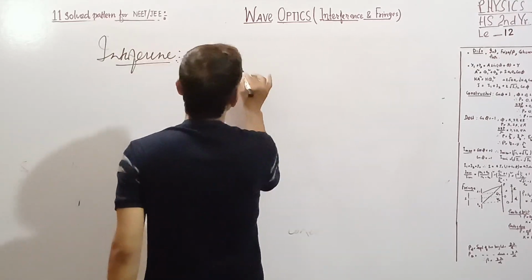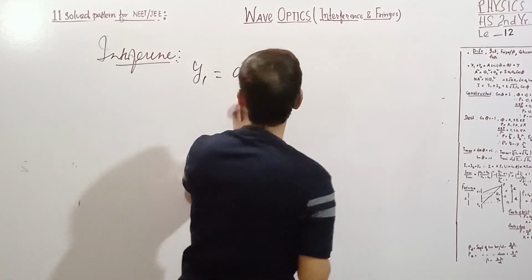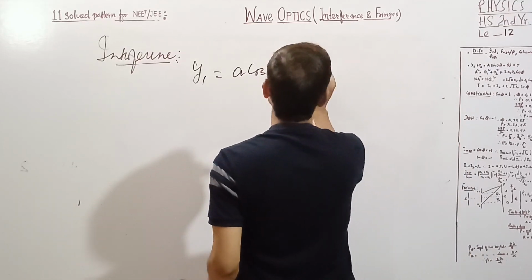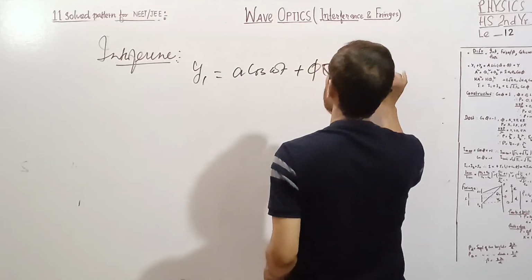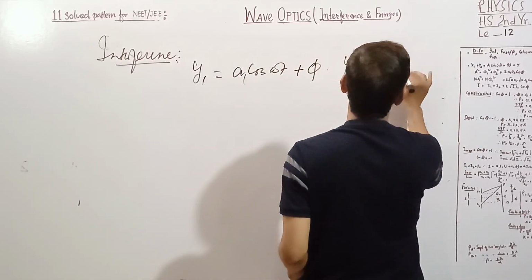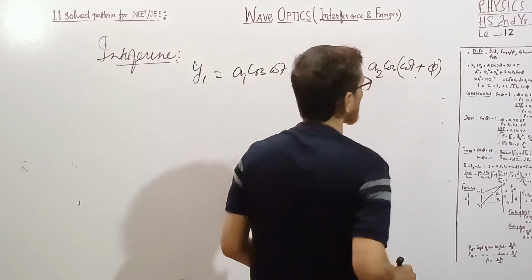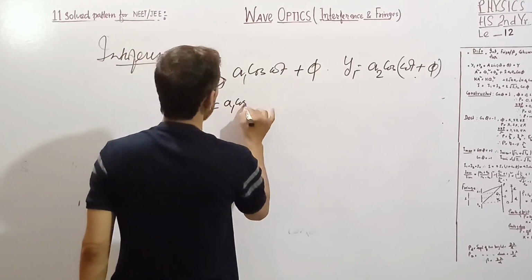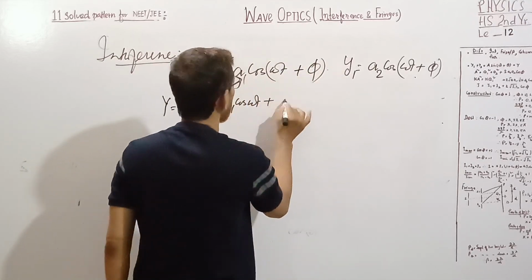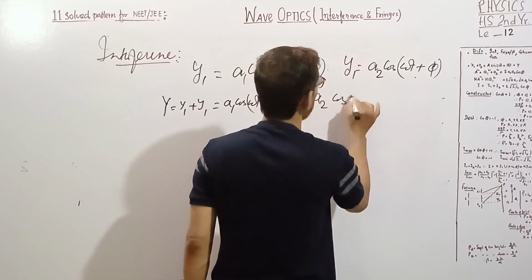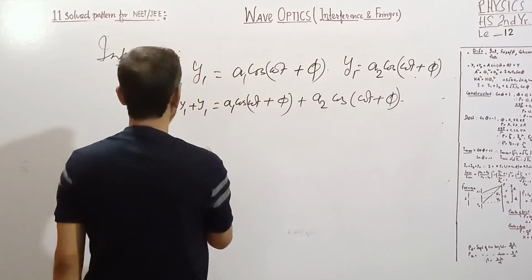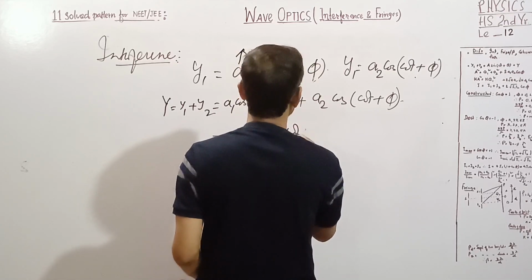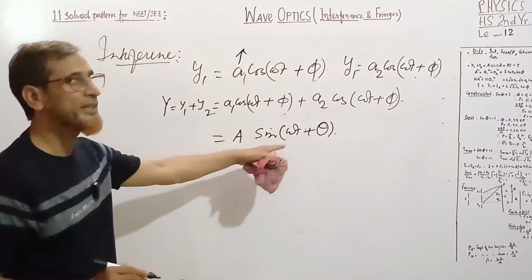One displacement of a light source is represented as a sine omega t plus theta not phi.